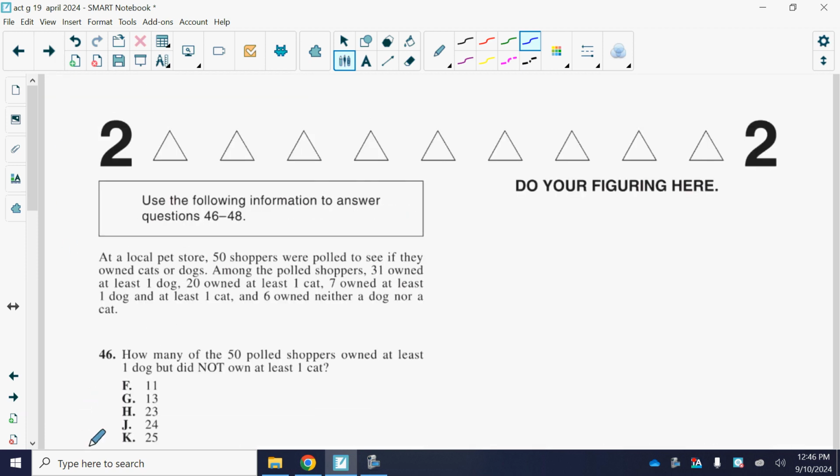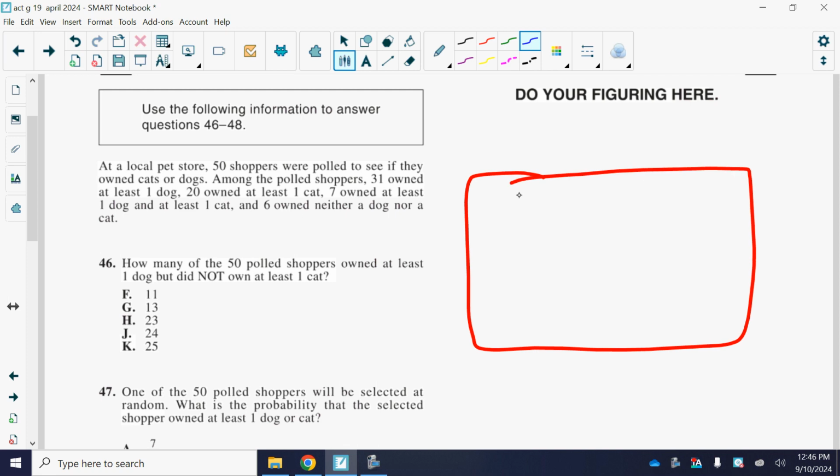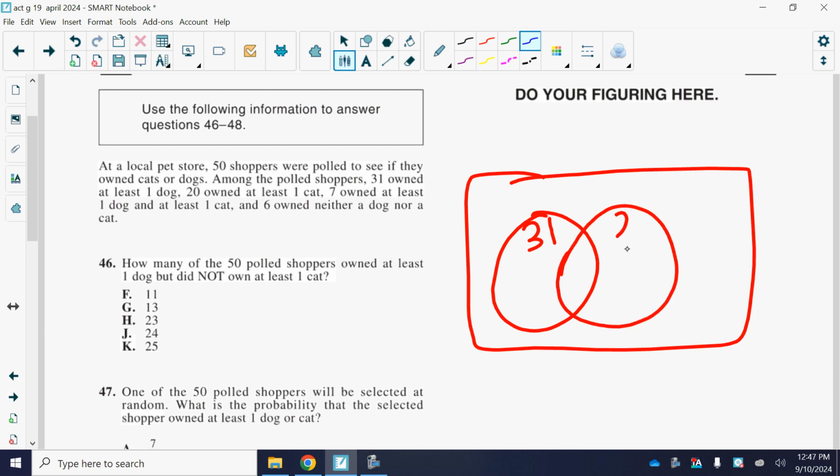Okay? This one is a classic. There are 50 shoppers polled. So 50 people in my universe. 31 owned a dog. 20 owned a cat. So you should be going, that's too many. 51 out of 50. But that's because 7 own both, huh?